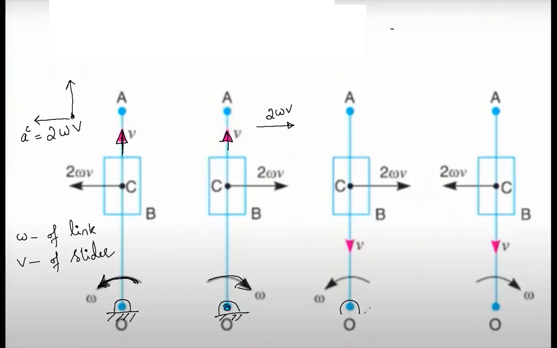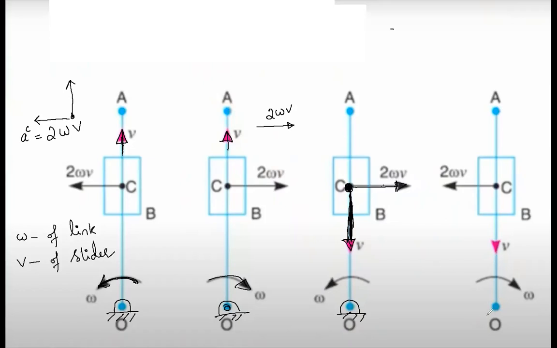If you see, the link is rotating anti-clockwise, and here the slider is coming downwards. So I have to rotate the velocity, assuming that the rotation point is the tail of the line which we drew for the velocity. You rotate it anti-clockwise, and it comes here. So this is the direction of the Coriolis component of acceleration.